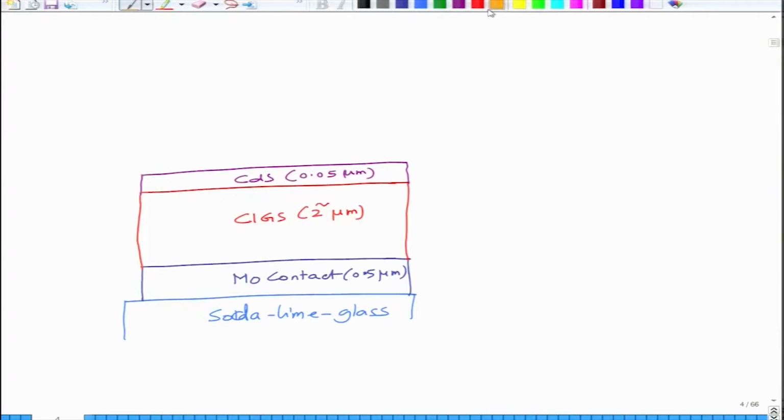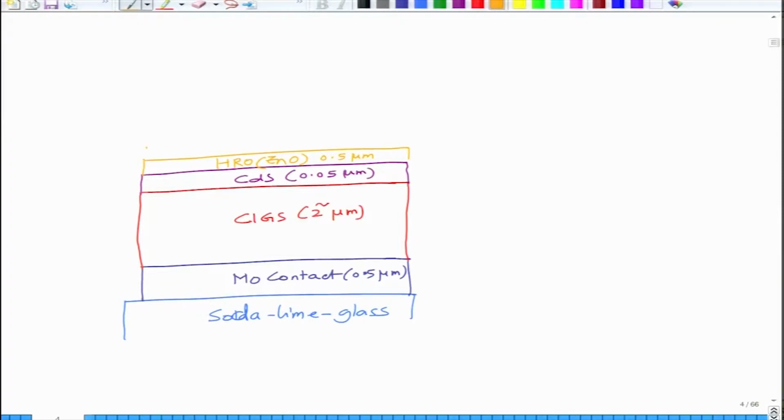Then again on top we use a high resistance oxide layer, so HRO, which is generally zinc oxide layer of about, this is a little thick, half a micron or so. It could also be a junction of zinc oxide and N plus zinc oxide.